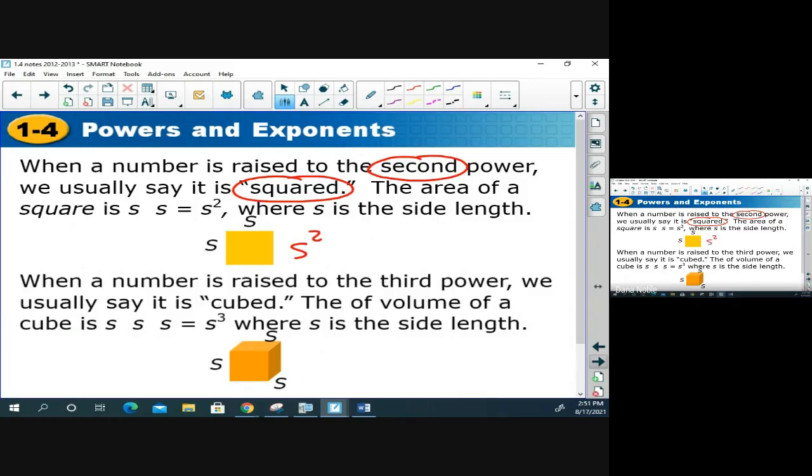When you go to the bottom example, you can see that they're talking about the third power, which is called cubed, and you can see that they take the side letter S and they raise it to the third power. Okay? Now, those are the only ones that have special names that we use on a daily basis, squared and cubed. After that, it should be 4th and 5th and 6th and so on.